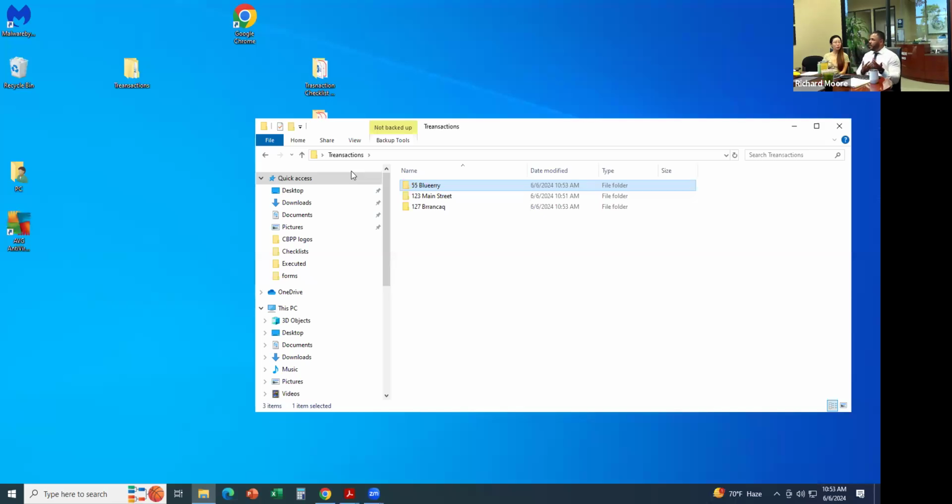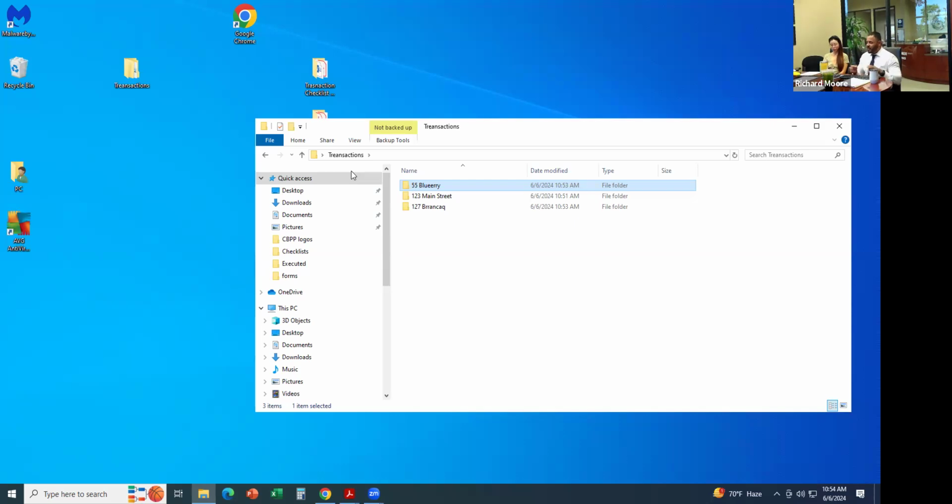I do the same thing with email. Within your Gmail, and I know mostly everybody uses Gmail, on the left, you can create folders. I have a transactions folder, and within it I create other folders for each one of my transactions. Any emails having to do with that particular transaction, I move into the folder for that transaction, the same way I'm doing here.